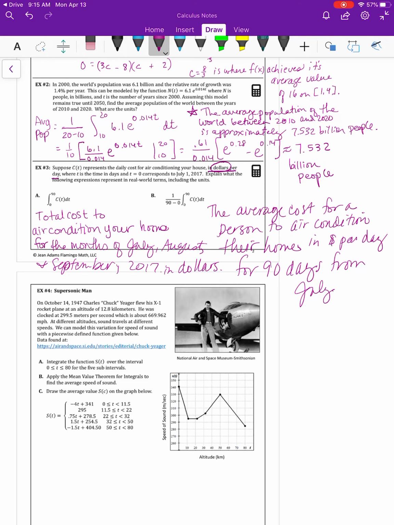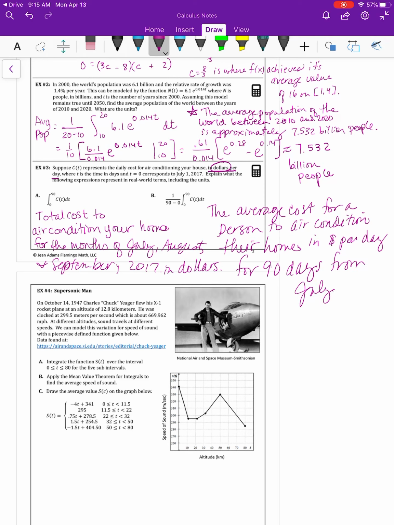And so this is going to be negative 2t squared plus 341t from 0 to 11.5, and that's going to equal, if I put negative 2 times 11.5 squared plus 341 times 11.5 in my calculator, I would get 3657.